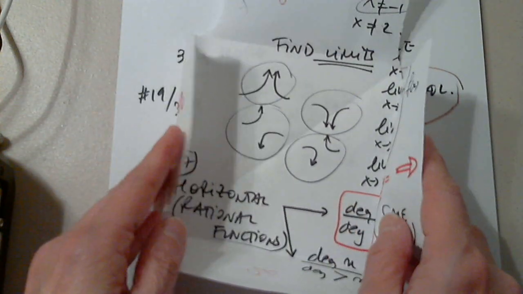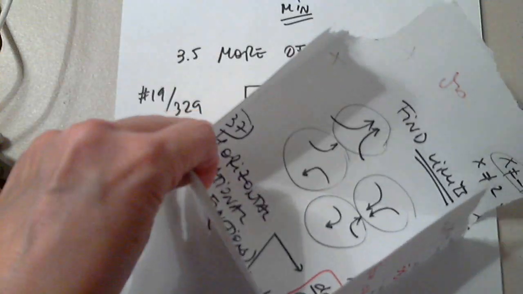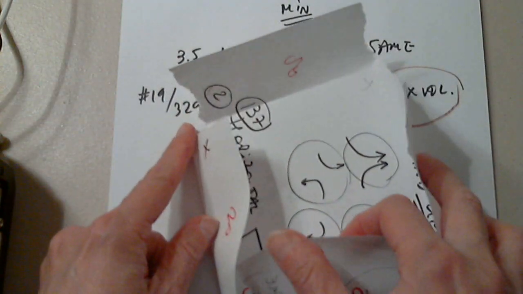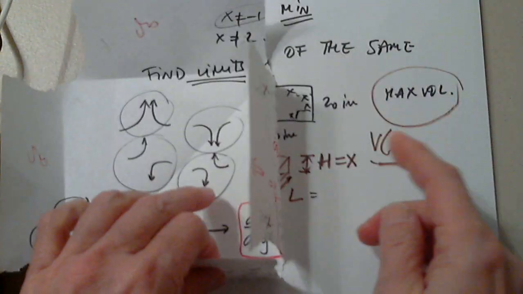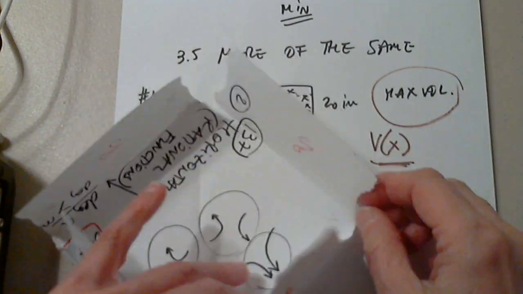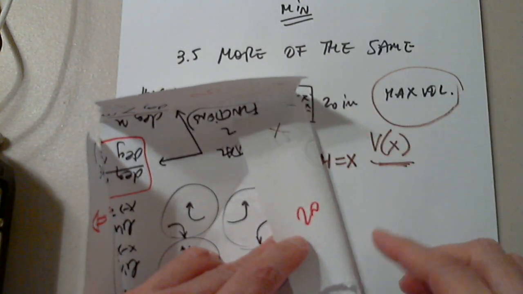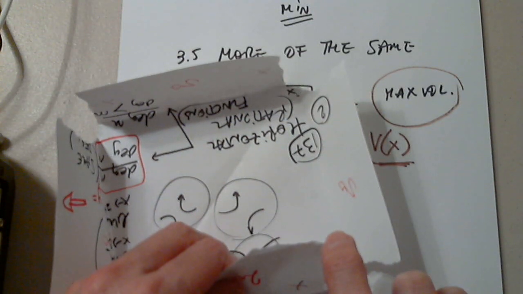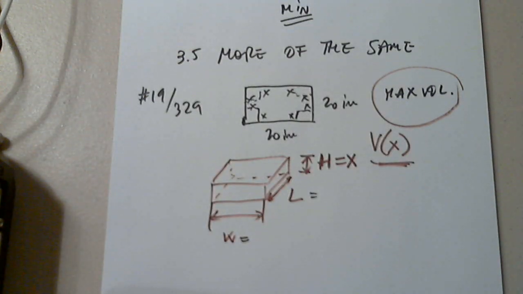So this would be the width and the length after we took the corners off? Yes, because the volume depends on this and this and this and this, because now it has a height, and the height is x.